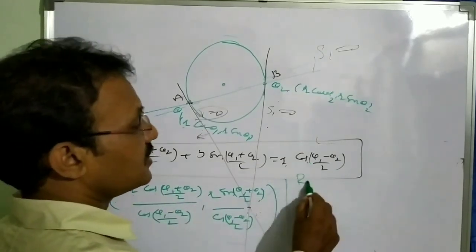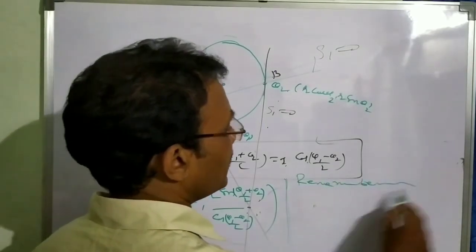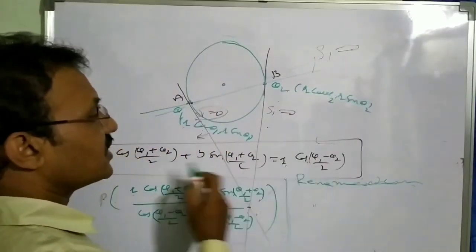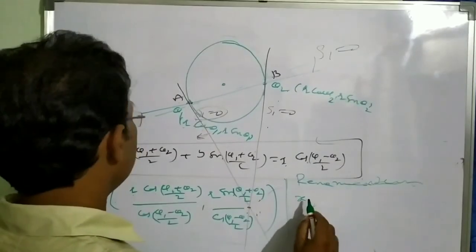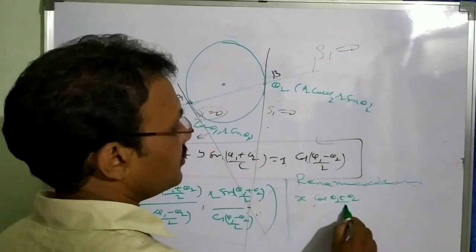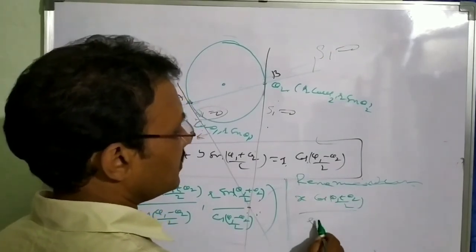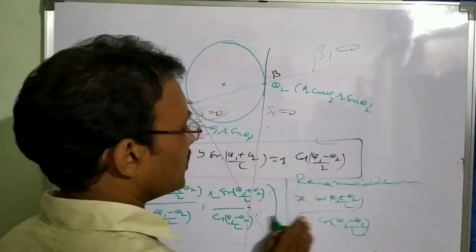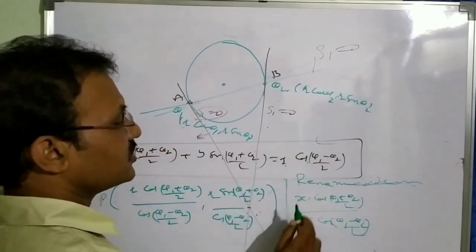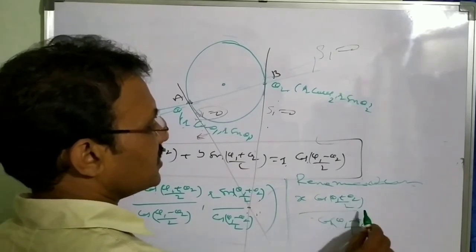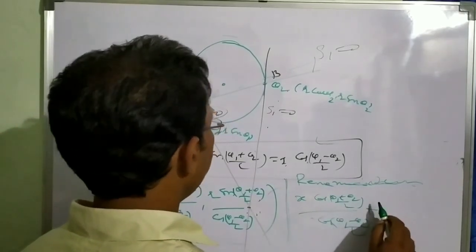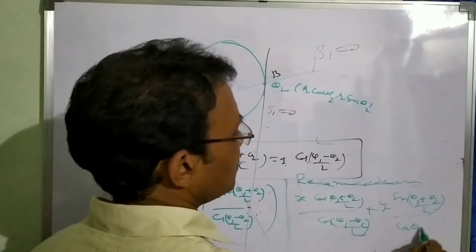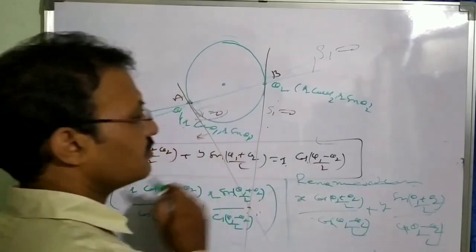For remembering, we can simply assume x, taking r cos(theta/2) this side, what happens? x cos((theta 1 plus theta 2)/2) plus y sin((theta 1 plus theta 2)/2), by dividing both sides, you will get.